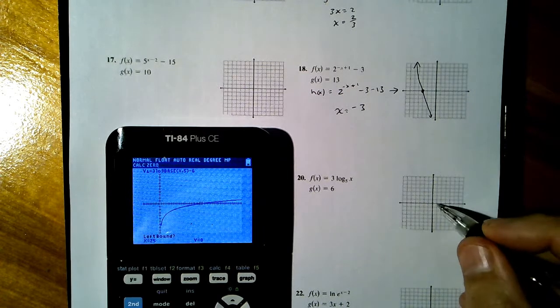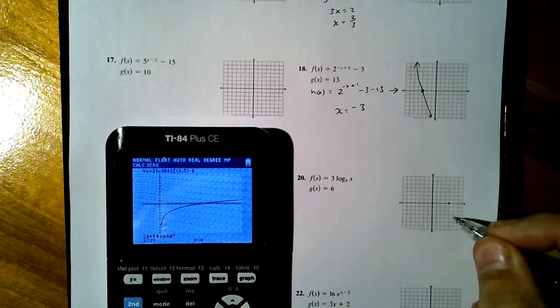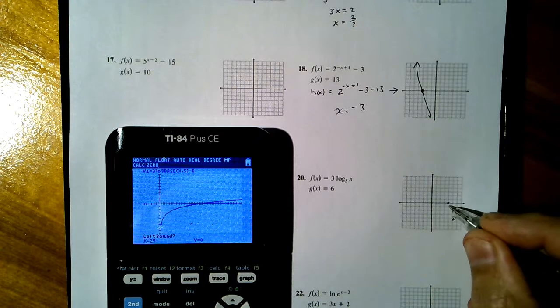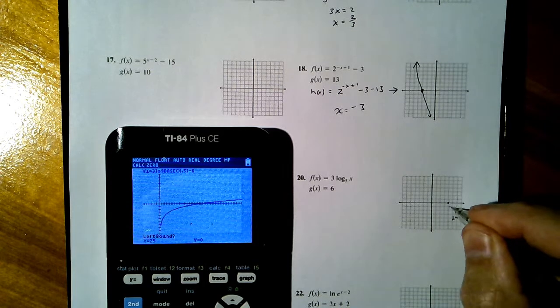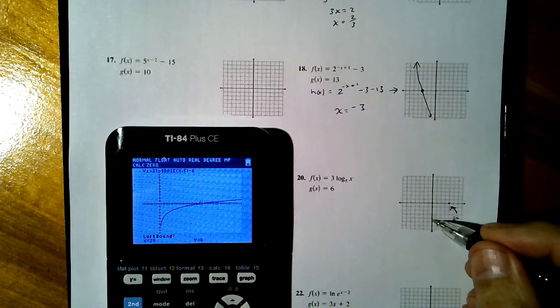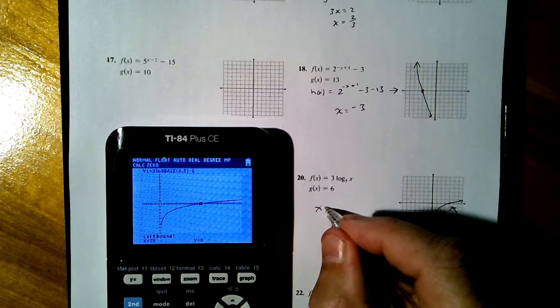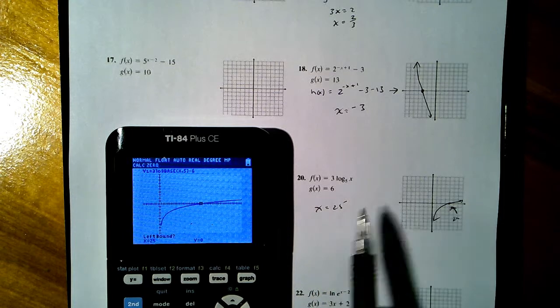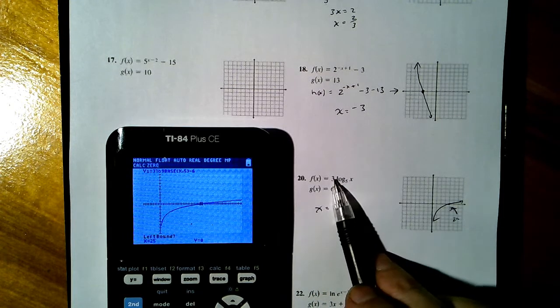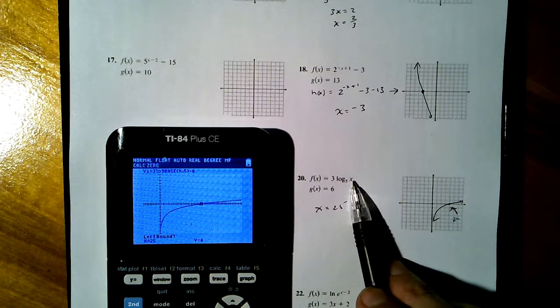So I'm just going to put 5, 10, 15, 25. 25 right there. So we look something like that.